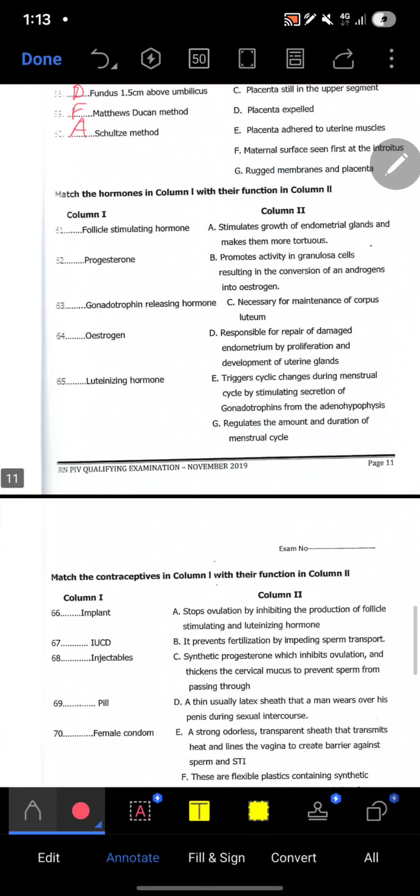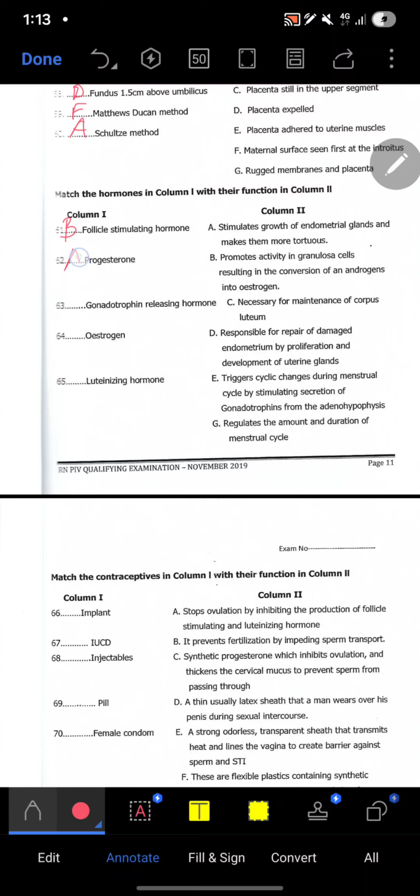The next set of matching says match the hormones in column 1 with their function in column 2. 61 says follicle stimulating hormone. The correct answer is B. 62 says progesterone.